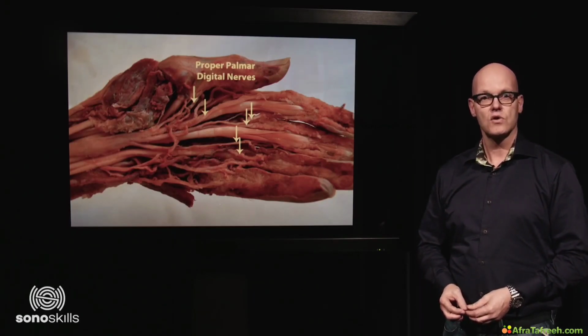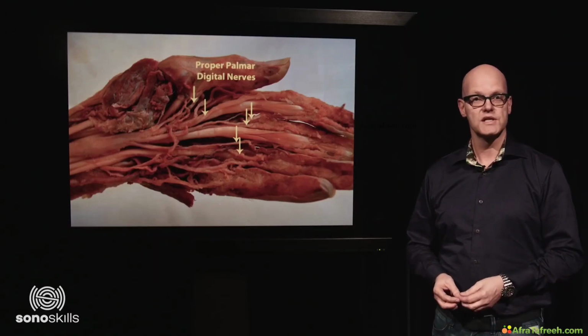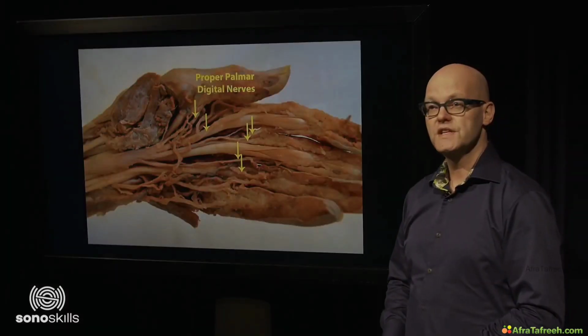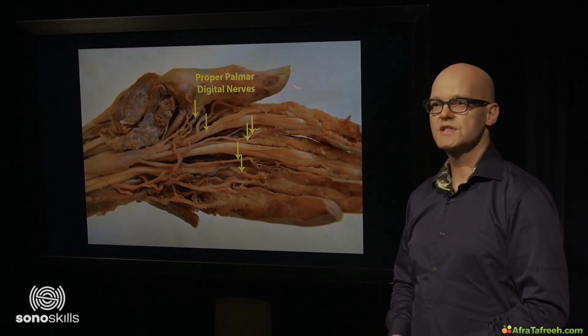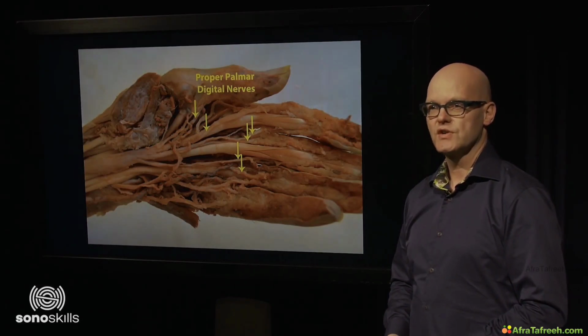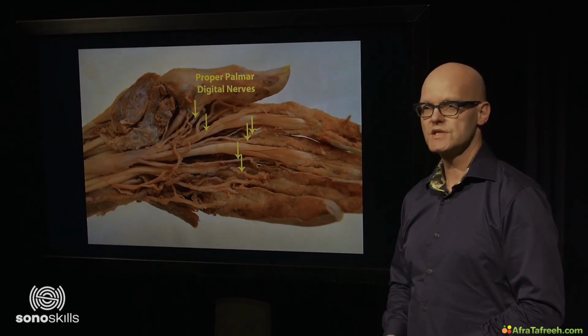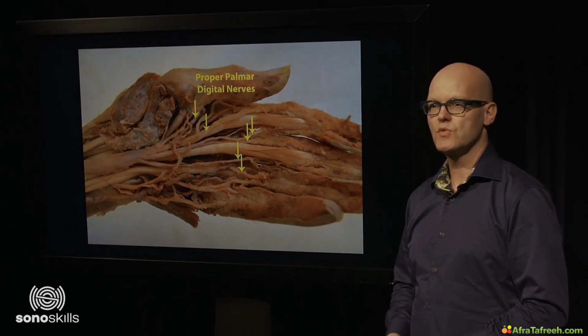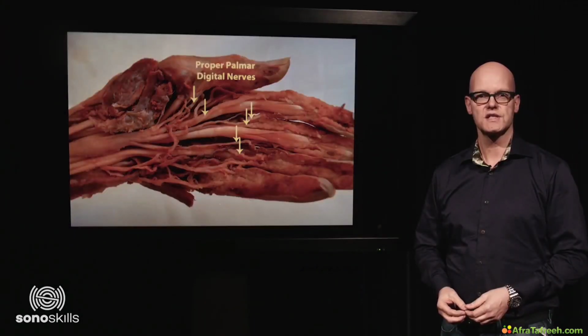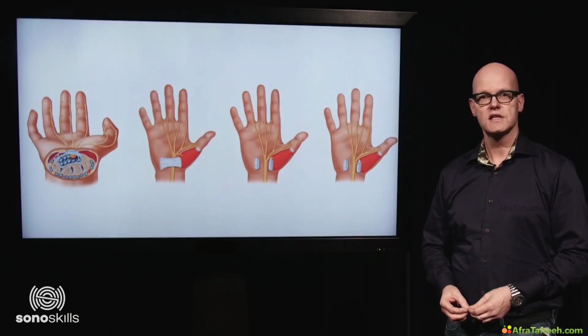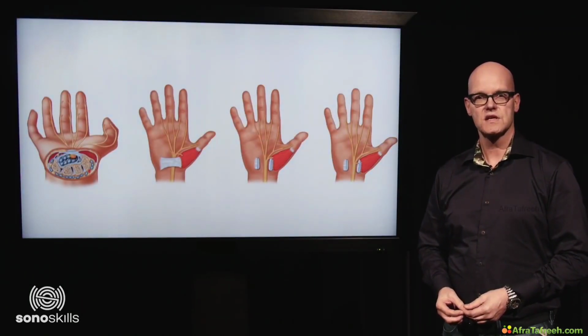It also divides into 2 common palmar digital nerves. The first of these divides into 2 proper digital nerves for the adjoining sides of the index and middle fingers. The second common palmar digital nerve splits into 2 proper digital nerves for the adjoining sides of the third and fourth digits. Here you can see the innervation of the fingers by the median nerve.